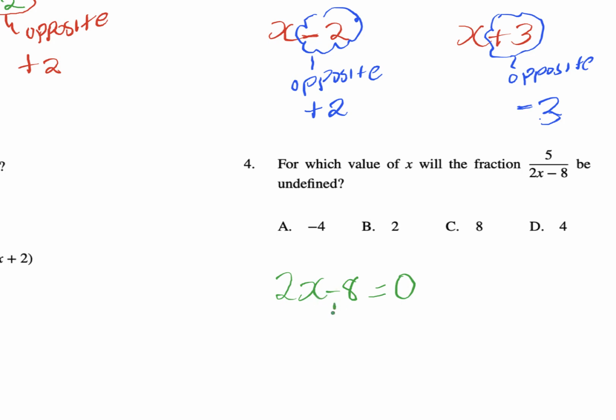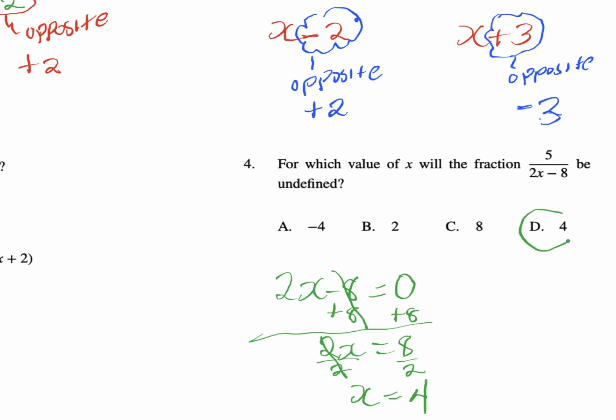So solving for x, I'm going to add 8 to both sides. This is eliminated. 2x equals 8. Solving for x, divide both sides by 2. That cancels. You have x equals 4. So your answer is 4.